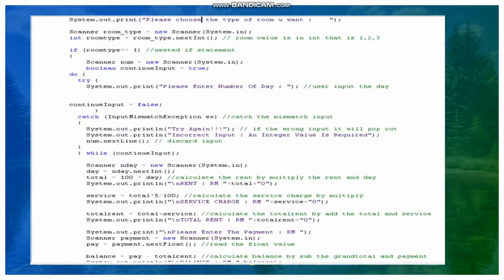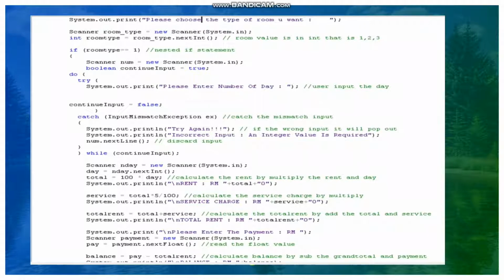The next is total equal to 100 times day, so calculate the rent by multiplying the rent and day. Service equal to total times 5 divided by 100, which calculates the service charge by multiplication. The service charge is RM plus service.